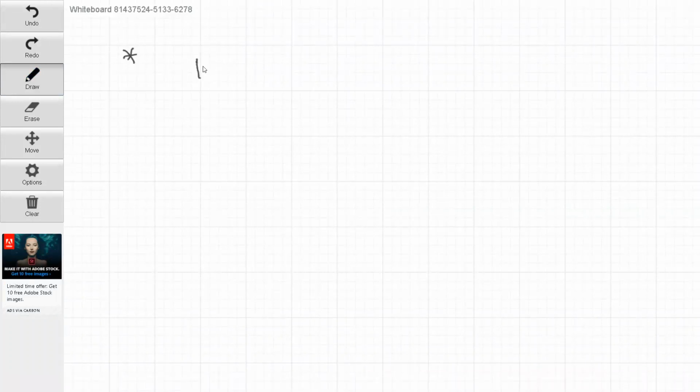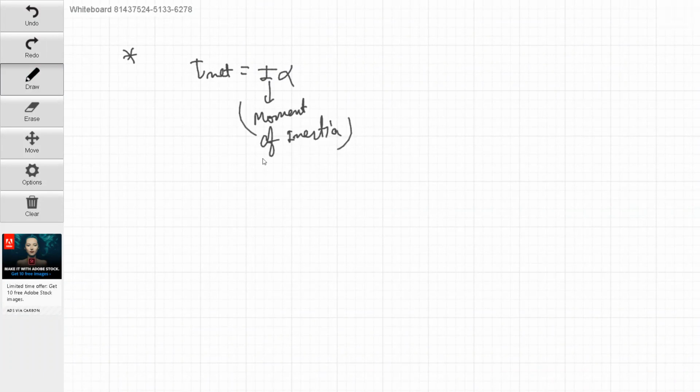So moment of inertia, torque net was equal to I into alpha. I was equal to moment of inertia, inertia of rotation. Is this okay?